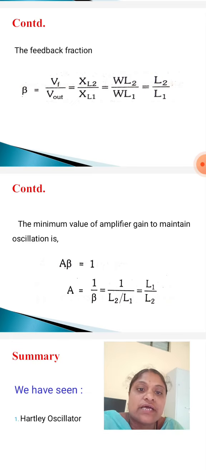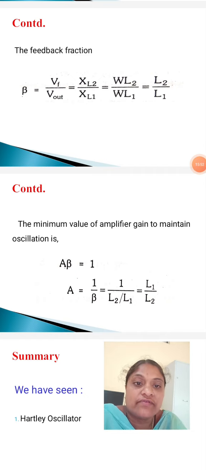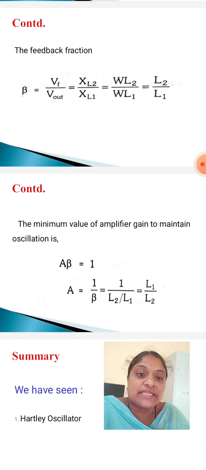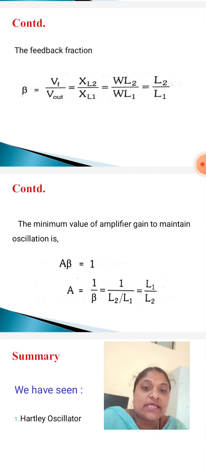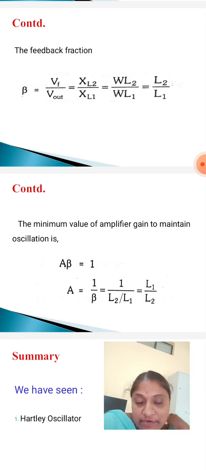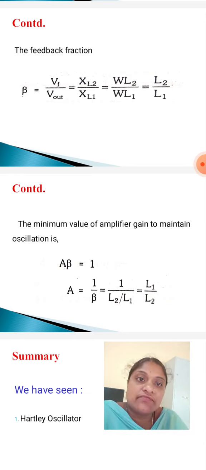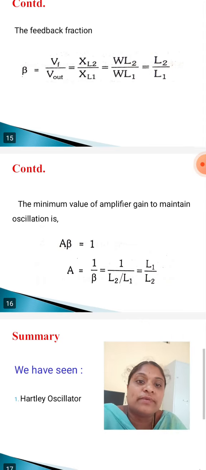Okay, next, the minimum value of amplifier gain to maintain oscillation is A beta equal to 1. So the amplifier gain A is equal to 1 by beta. We know the formula for beta is L2 by L1.